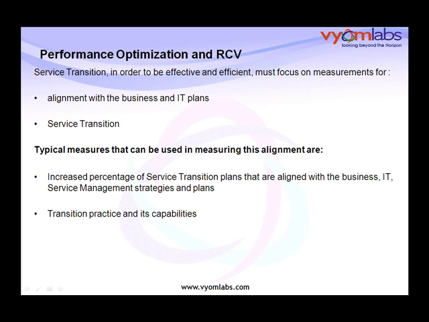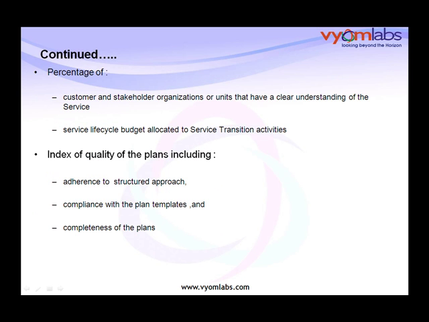But in order to be more effective and efficient, service transition must also focus on measurement of service alignment with the business and IT plans and a metric for service transition processes. For alignment and measurement they can use increased percentage of service transition plans that are aligned with the business and IT service management strategies and plans, transitioning practice and capabilities, increased percentage of customer, stakeholder, organizations or units that have understanding of the service, budget allocated to service transitioning activities.